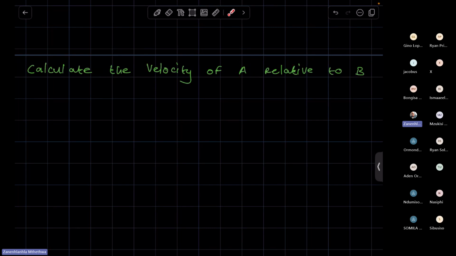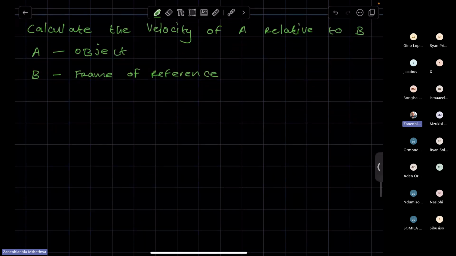Compared to B. So the velocity that you're calculating, you take as the velocity of the object. Seeing that you want to calculate the velocity of A, it means A for this one is our object, and the velocity it is being compared to, relative to B, means B will be our frame of reference. So for this one, A is the object and B is our frame of reference.